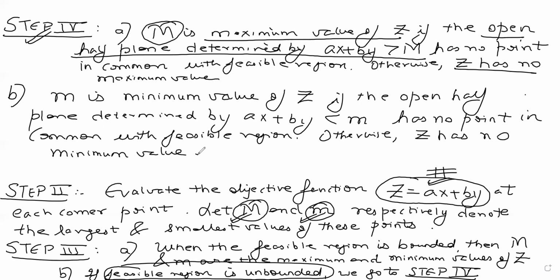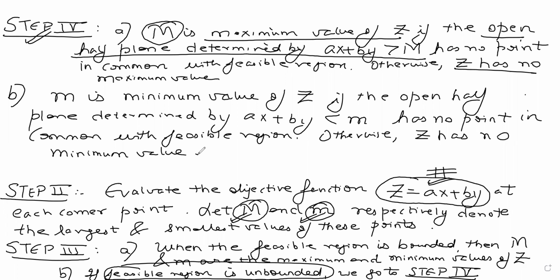So hoping all students have understood this, I can quickly revise the corner point method again for solving linear programming problems. Step 1, you are going to find the feasible region of the linear programming problem. How do you find the feasible region? You plot all the inequalities given to you, check out for the directions. The common shaded area you will be getting will be called the feasible region.